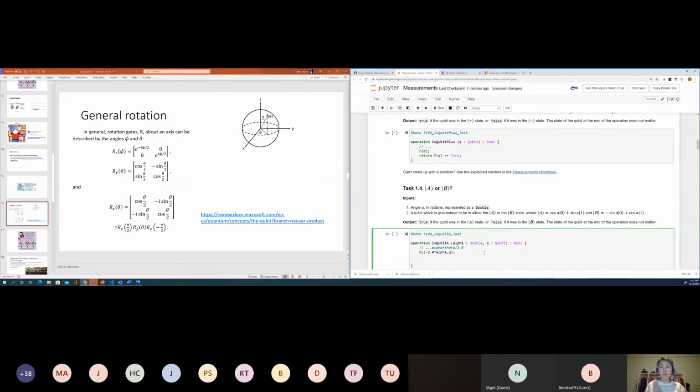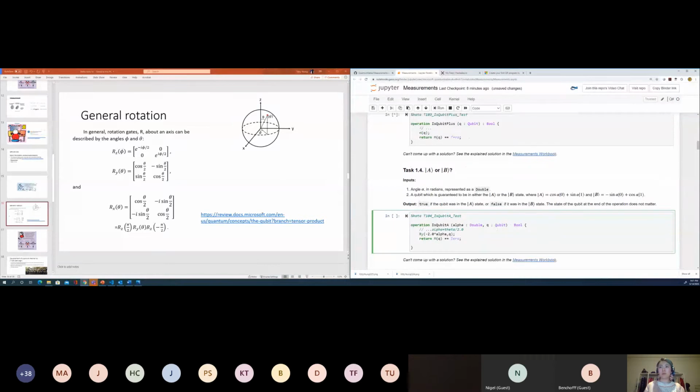And then you do the same measurement. And again, true if it changes from this state. So you do 0. So A will go back to 0 and B will go back to 1 if you do this. So that's the logic here for these exercises, just letting you practice the measurement.